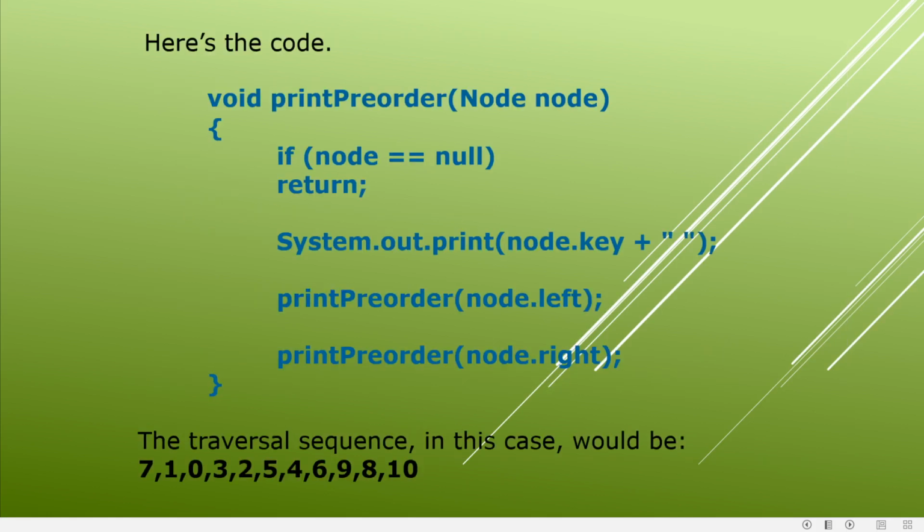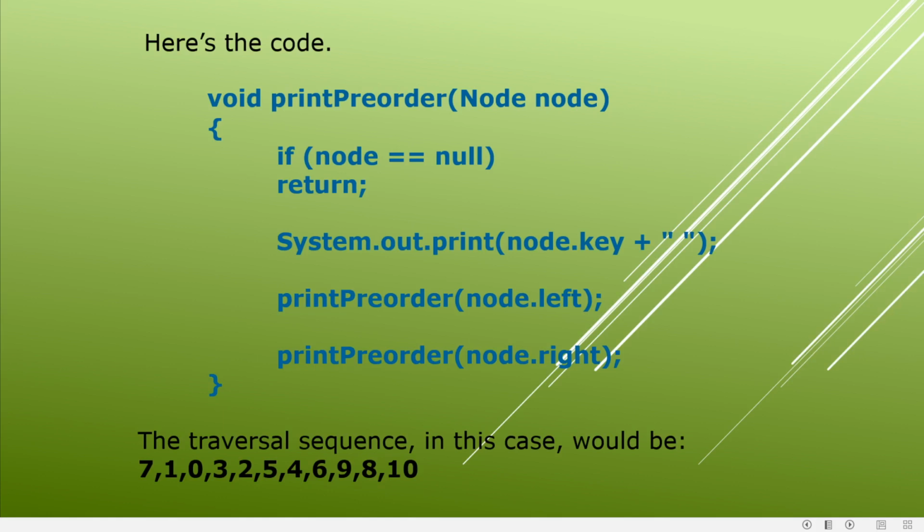First we have to process the root, then traverse the left subtree recursively on left children and traverse the right subtree by recursing on right children of the subtree. This is the code for printing preorder nodes in a binary tree. If there are no values or nodes in a tree, then it will return null.